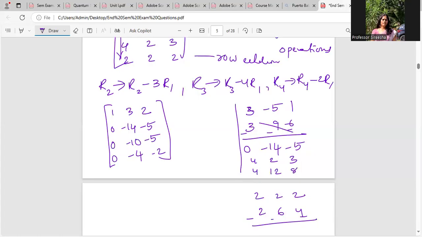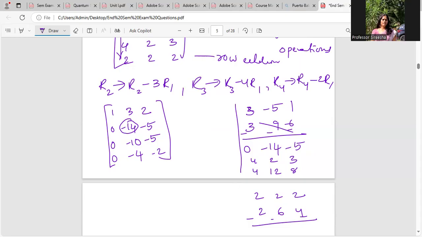Next, this is the pivot in the second row, or the diagonal element would be the pivot in each row. For the first row, the pivot is the A11 element. For the second row, the A22 element. Below this, I should have 0. So accordingly, I'll perform operations. The best thing to get a 0 here is that 10 I'll multiply with 14, 14 I'll multiply with 10.